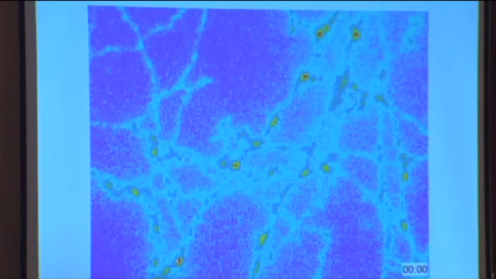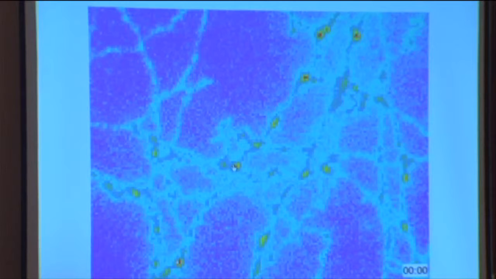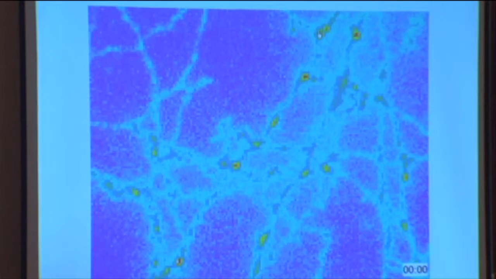So this just shows some live cells that we imaged. And these are synapses here, these yellow spots. This is the fluorescent synuclein at rest, sitting in the cells. And what we do then is we stimulate them. We cause them to fire the way the nerve cells in our brain are doing all the time. And the question is, what happens to the synuclein?